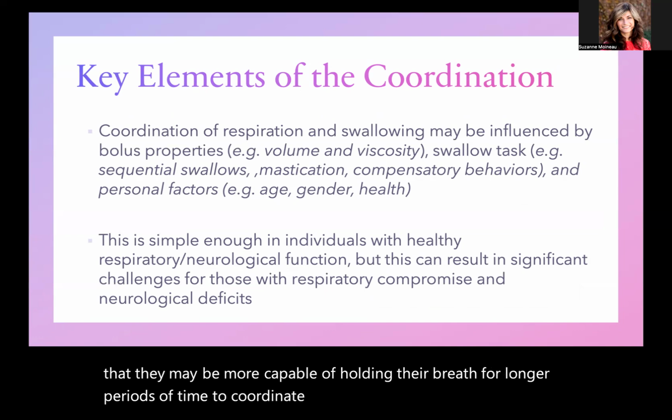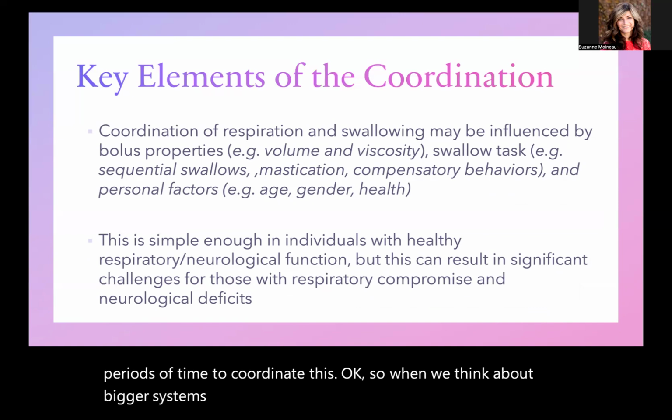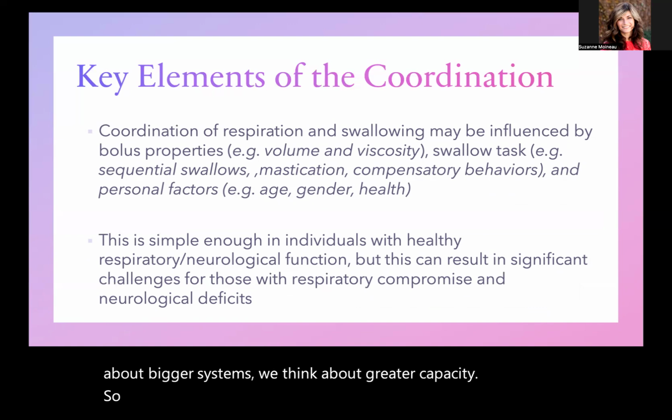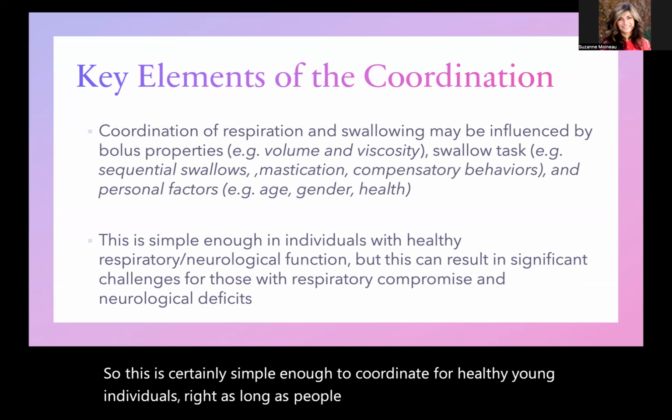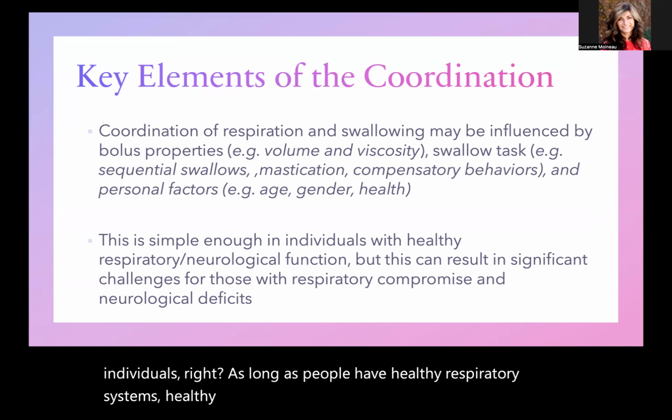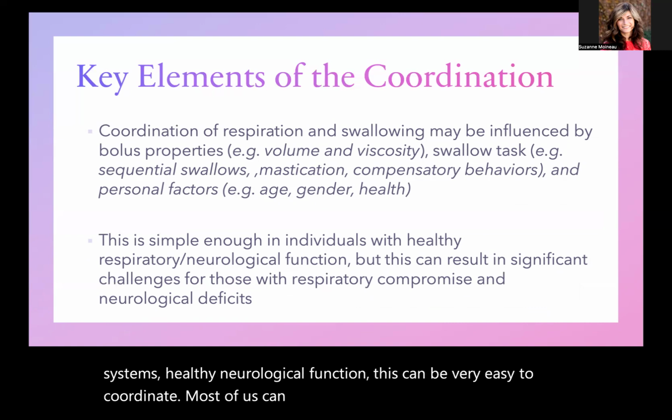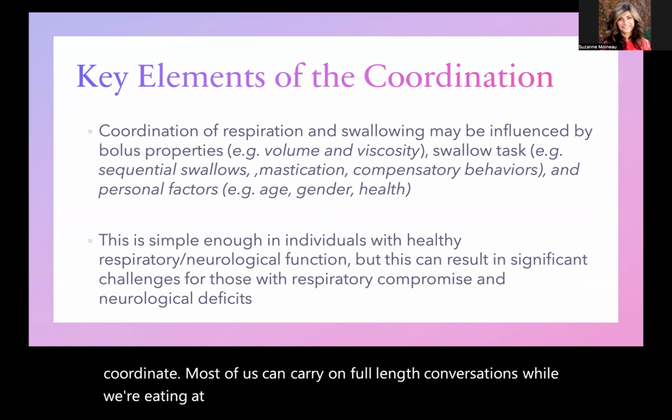Okay, so when we think about bigger systems, we think about greater capacity. So this is certainly simple enough to coordinate for healthy young individuals, right? As long as people have healthy respiratory systems, healthy neurological function, this can be very easy to coordinate. Most of us can carry on full-length conversations while we're eating at the dinner table.